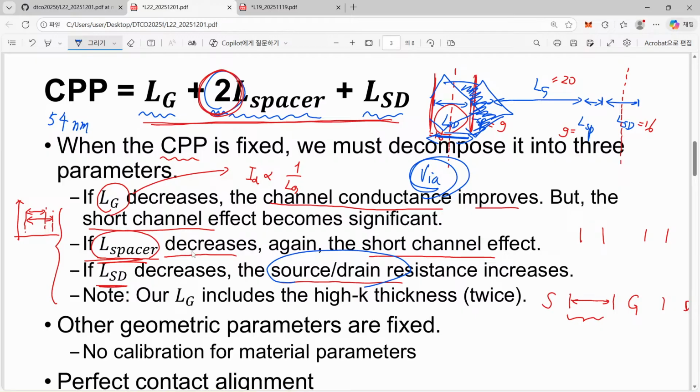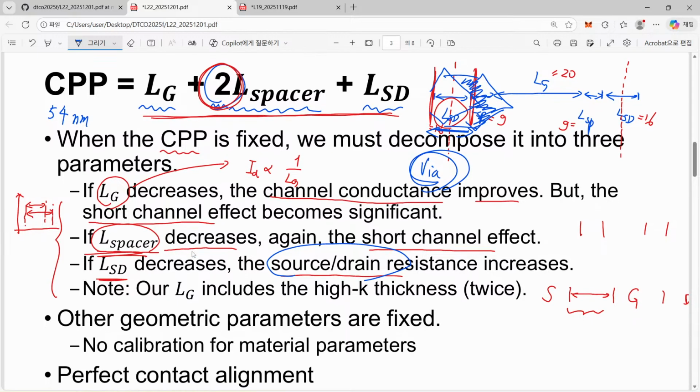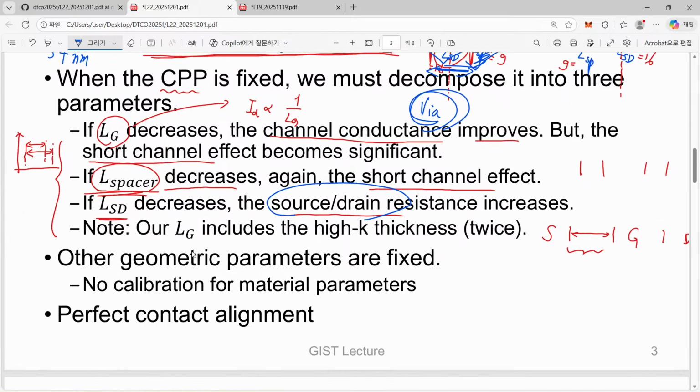Of course, in this process emulation, we cannot see what is possible or impossible in real manufacturing. However, we can expect that if we reduce a certain scale quite aggressively, then that will cause problems in the real fabrication process. So, simply speaking, everything has some pros and cons in terms of electrical property and manufacturability.